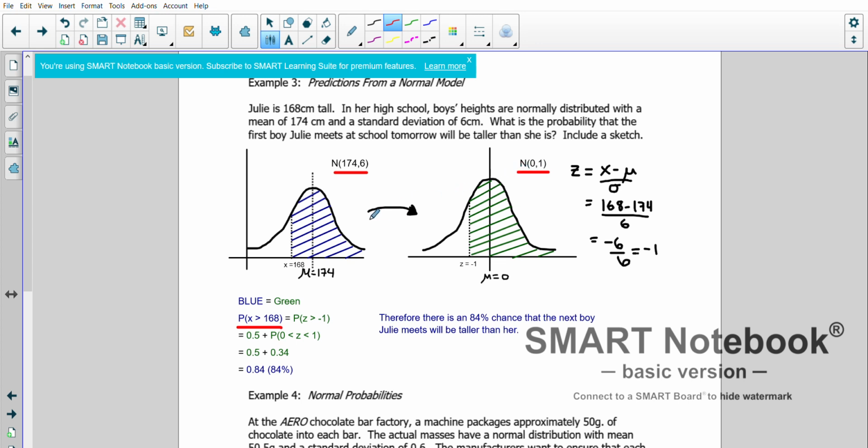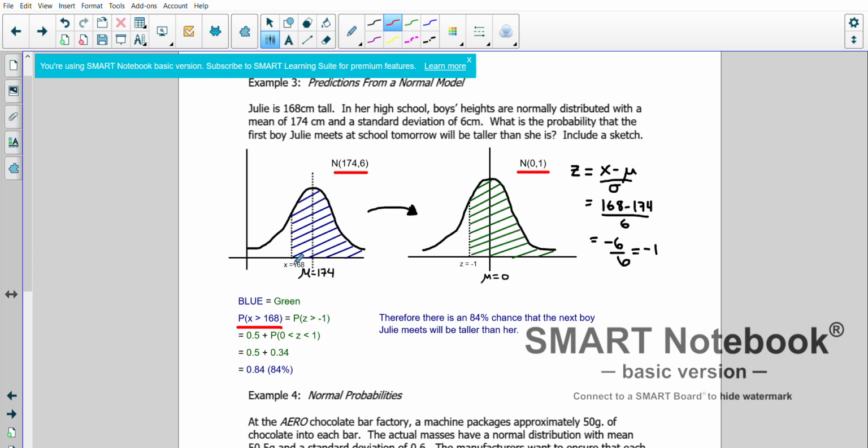But because I showed you that proportionately these areas are the same, we're going to convert these values into z-scores. So 168, all that really matters to me is how many standard deviations away is that. So I'm going to use my z-score formula to convert this into standard deviations, and then I can use the table to make the approximation.